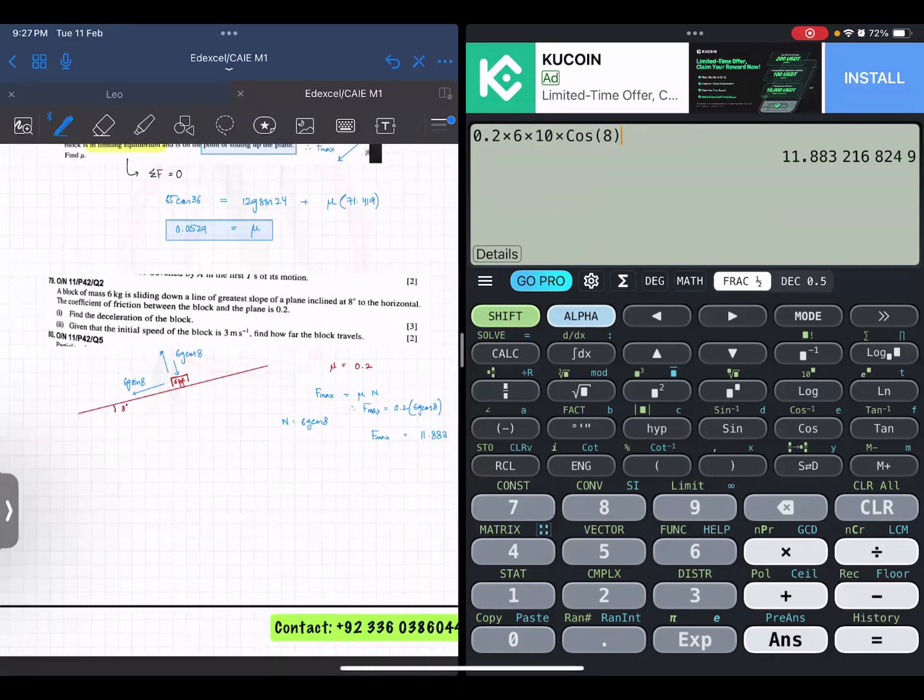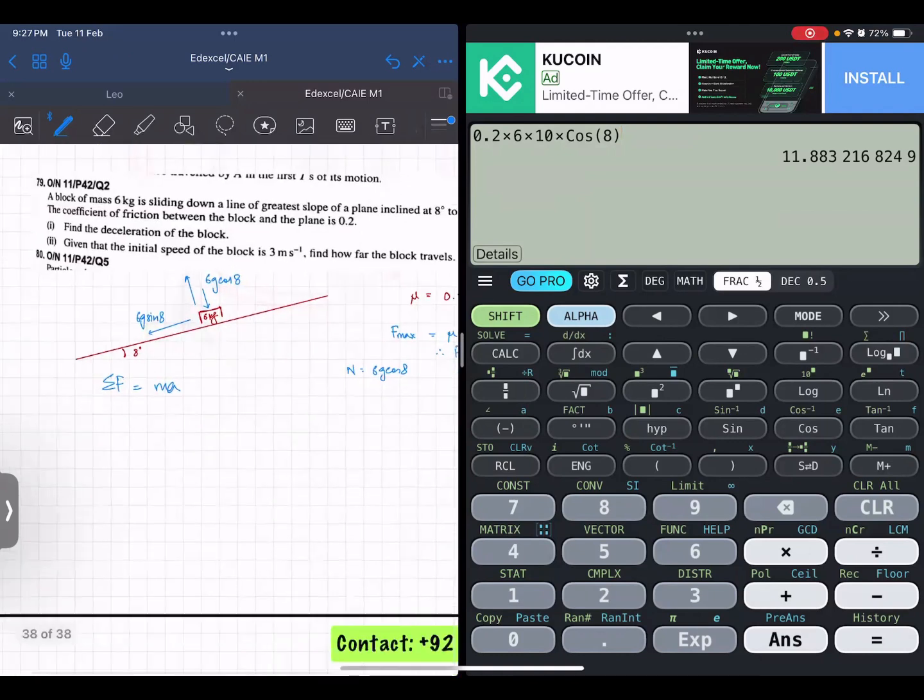Okay. Now what is the weight component? If we do F equals ma, the force which is pushing it down is 6g sin 8. And definitely they told us that the block is sliding down, so this means that the friction would be upwards, because friction is always opposing the motion.